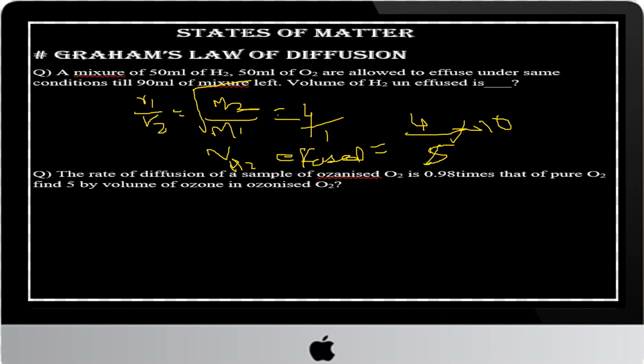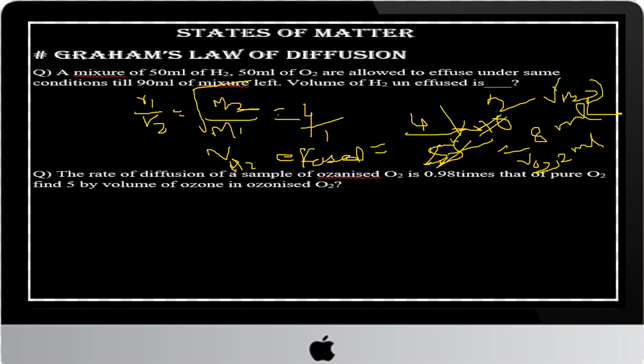Out of this, 8 ml of hydrogen is effused. If they ask to find oxygen, it becomes 1 by 5 into 10, which is 2 ml of oxygen effused.